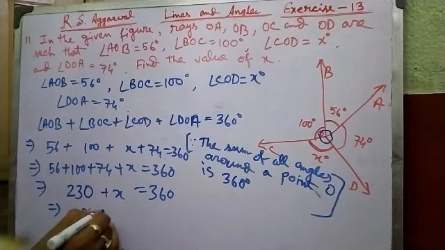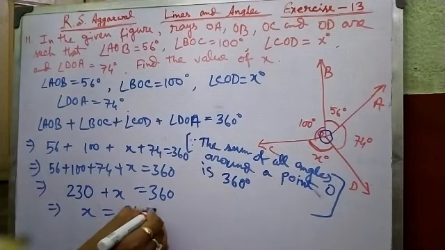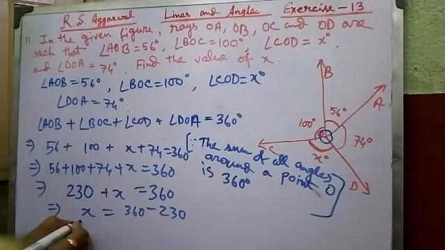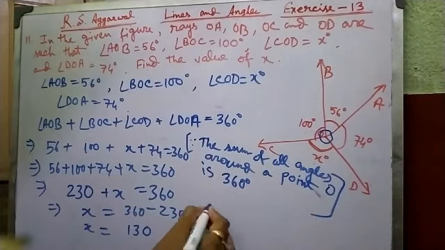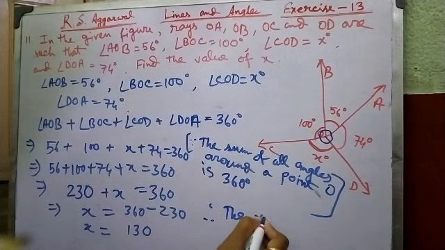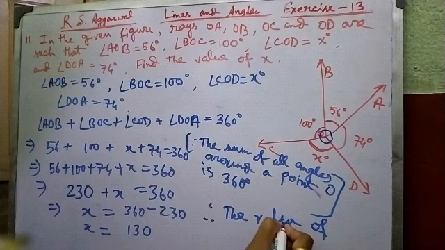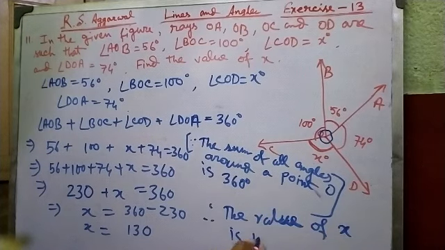That means x equal to 360 minus 230. So the answer will be 130 degree. Therefore, value of x is 130.